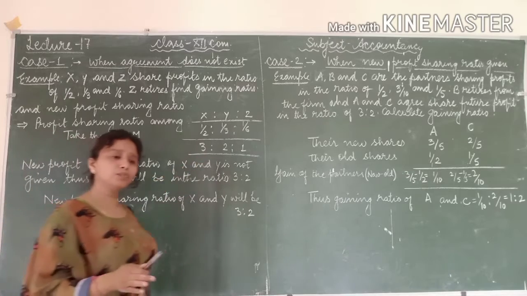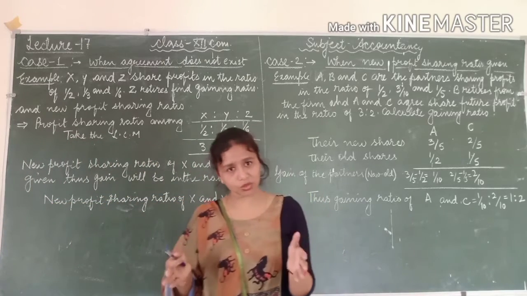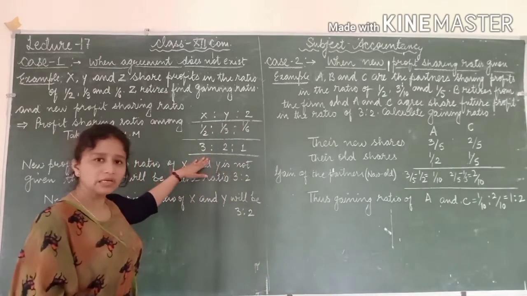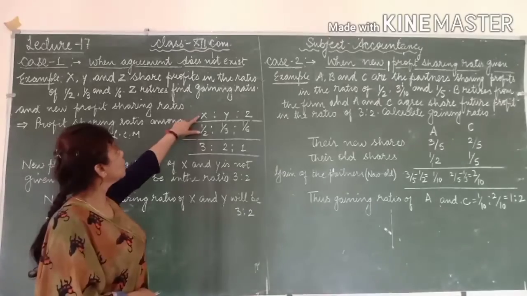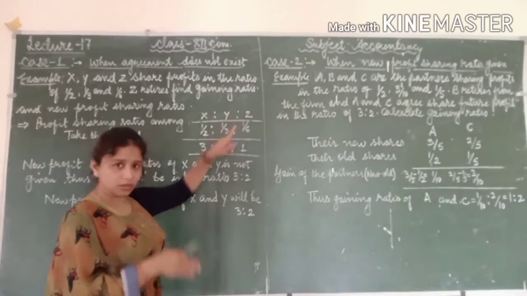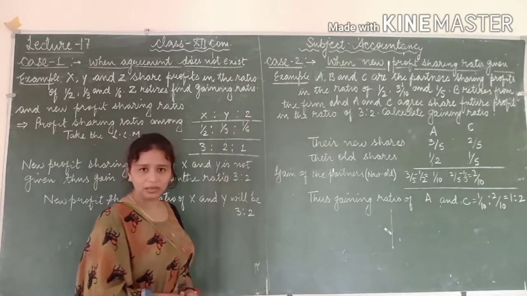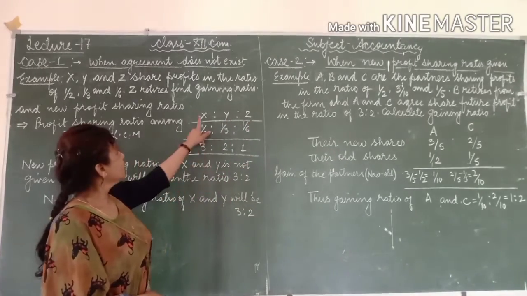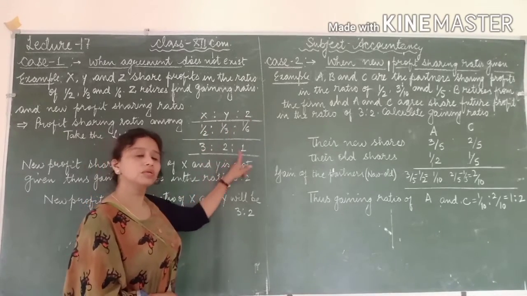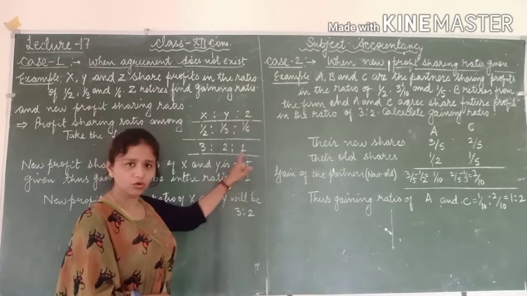It is very important to first transform your fractional profit sharing ratio into the appropriate ratio form. Now X has 3 out of the whole, Y has 2 and Z has 1. So the X, Y, Z share is 3:2:1. You convert the fraction into the ratio format.